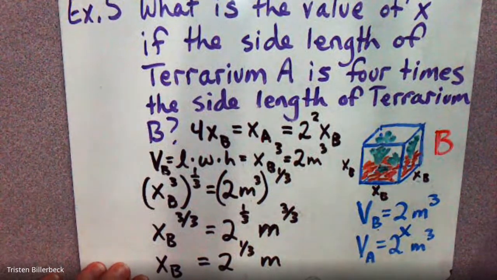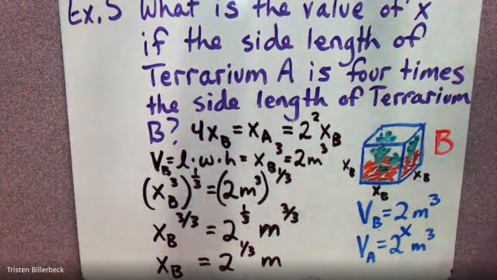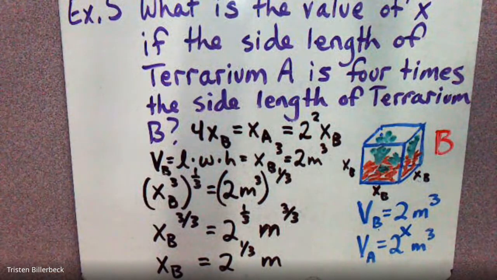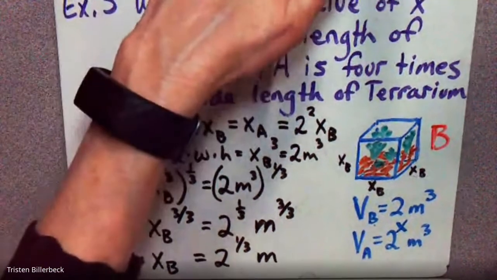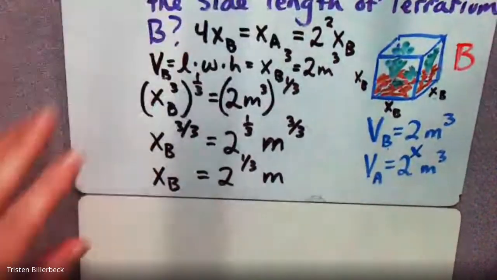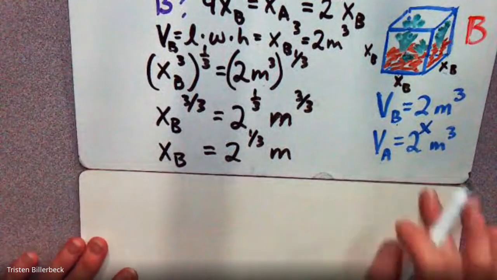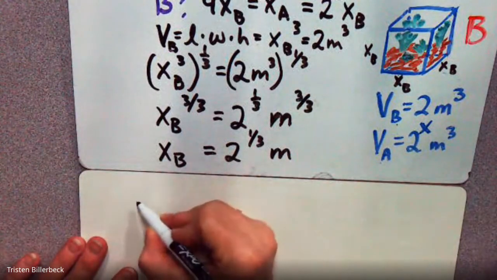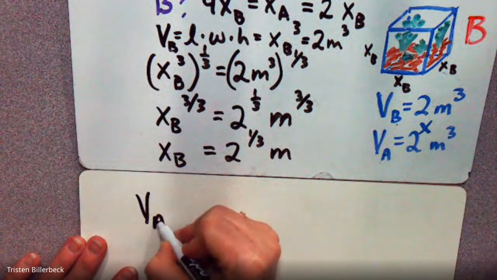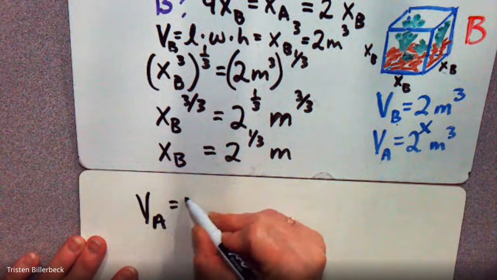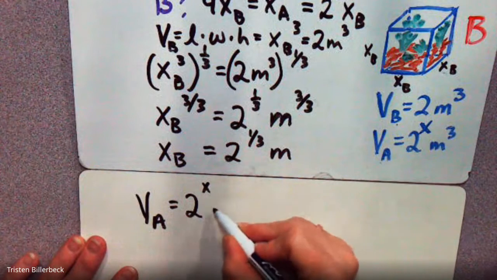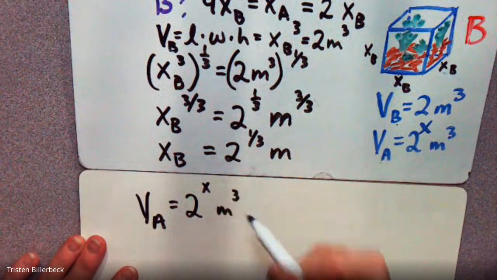All right, let me clear out another board. So we want to find volume A. So we have volume A equals 2 to the x meters cubed.